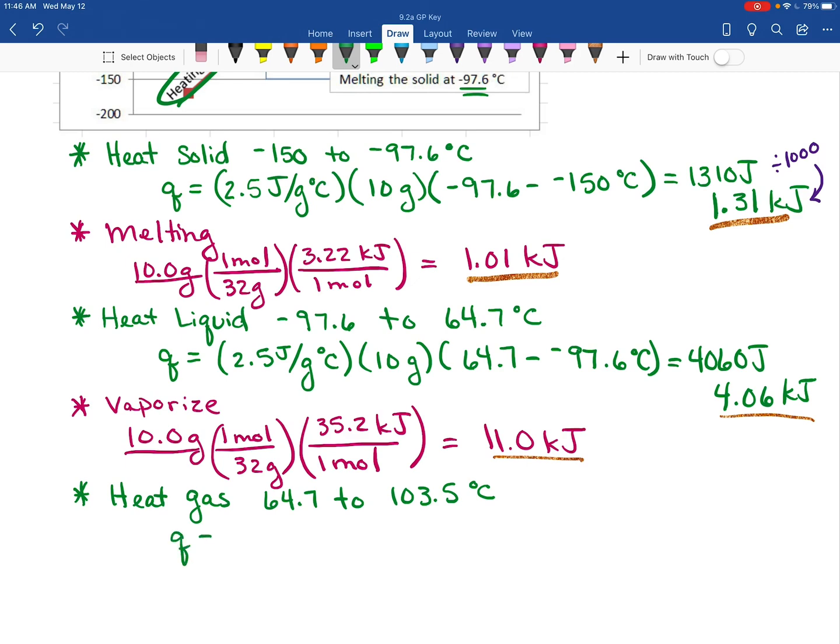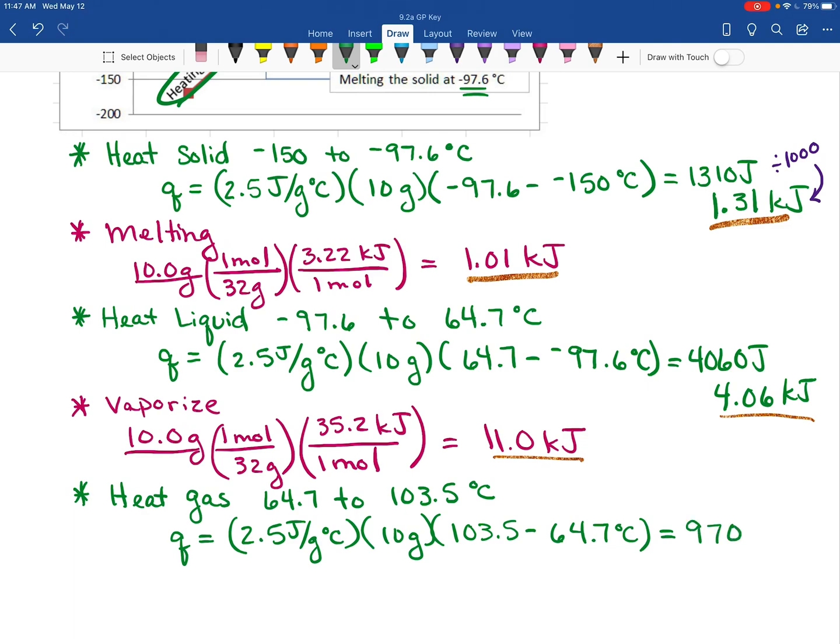Okay, so Q equals specific heat times 10 grams times 103.5 minus 64.7 degrees Celsius, and I get 970 joules, or 0.970 kilojoules.